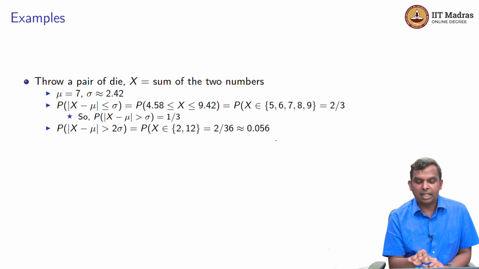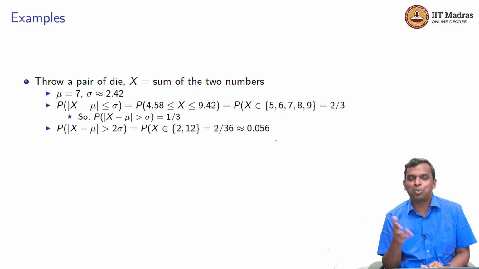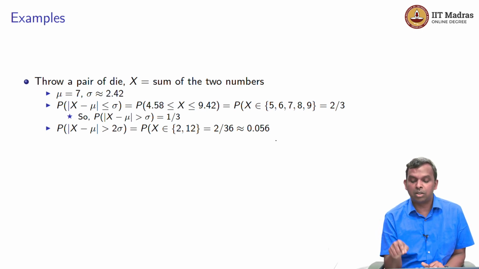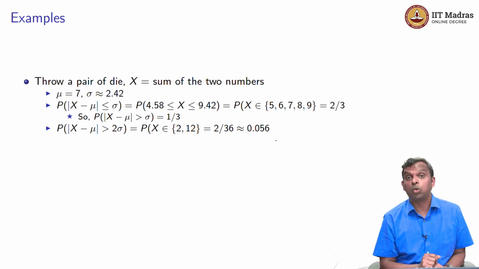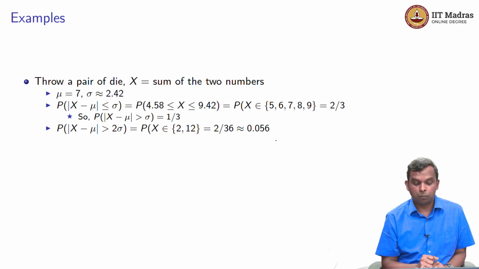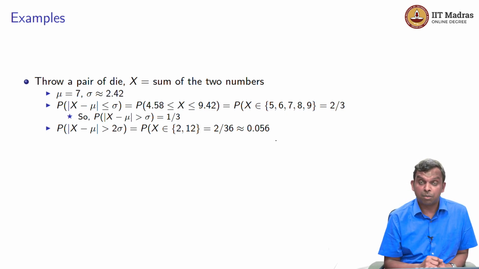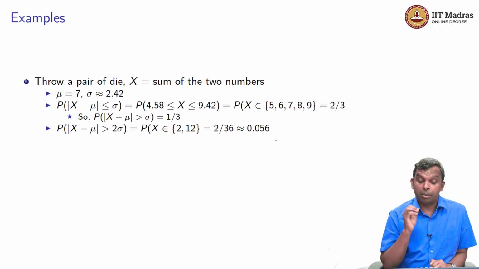You will see x has to lie between 4.58 and 9.42. But these are integers, so this is the probability that x takes values 5, 6, 7, 8, 9, and that probability works out to 2 by 3. So the probability that x minus mu is greater than sigma is 1 by 3.